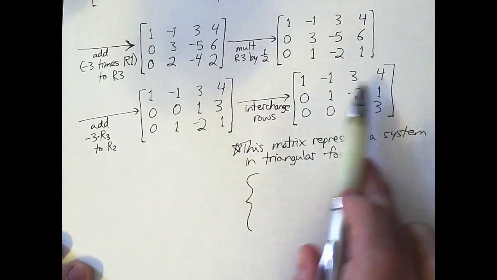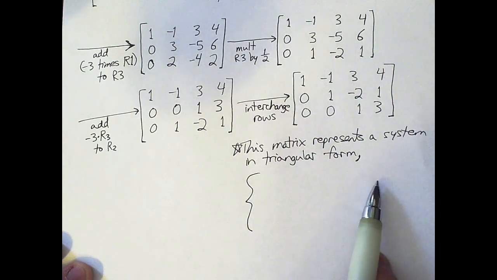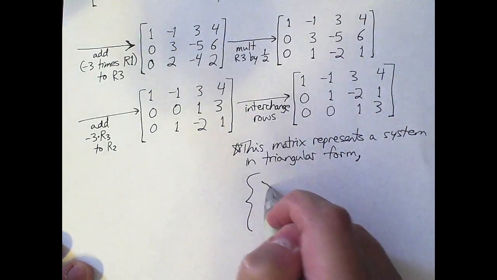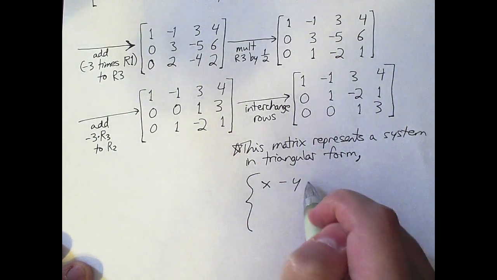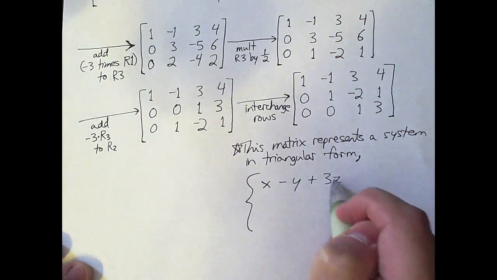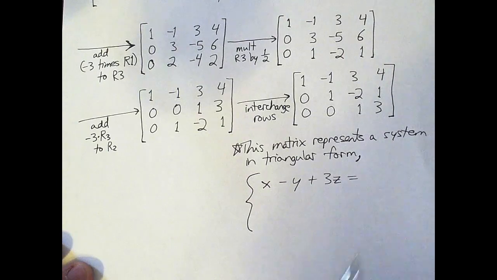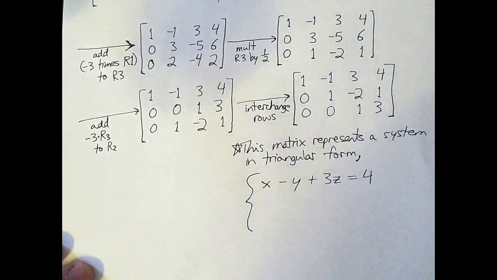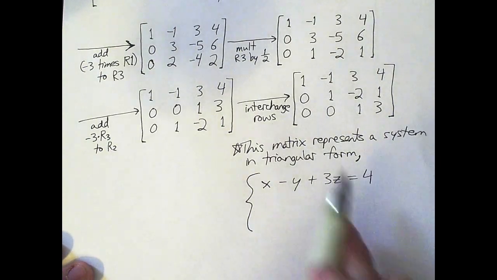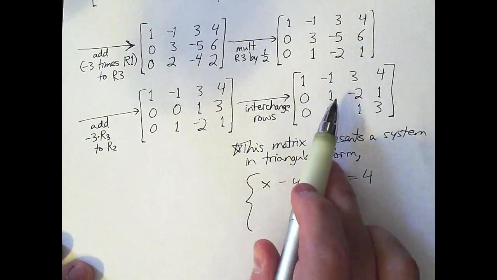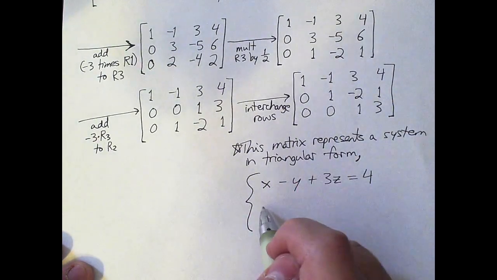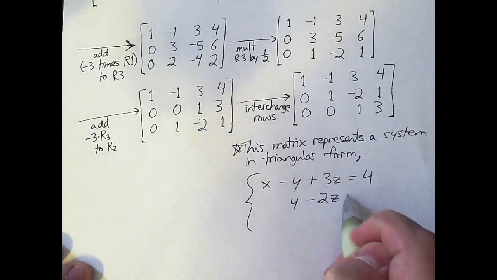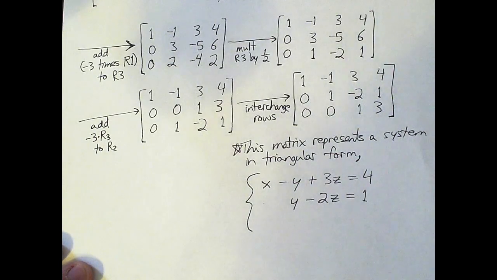Well, row 1 represents equation 1. 1, negative 1, 3, those are the numbers that appear in front of x, y, and z. The 4 is the right-hand side. In equation 2, or row 2, the 0, 1, and negative 2 represent the numbers in front of x, y, and z, and the 1 is on the right-hand side.